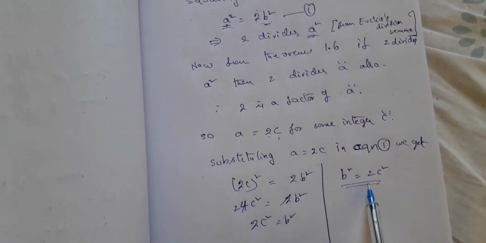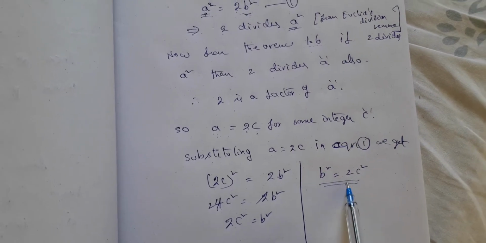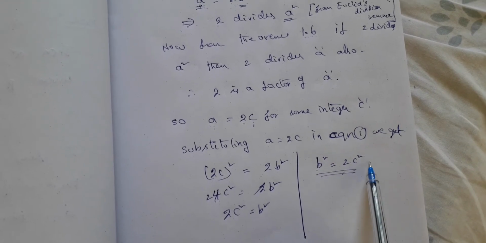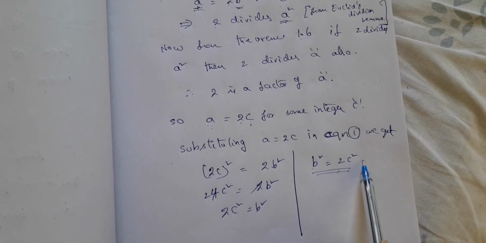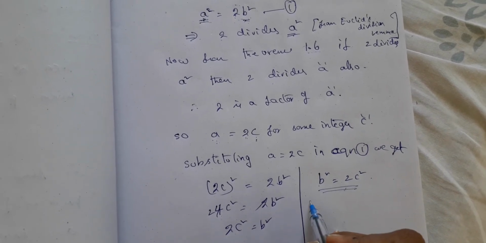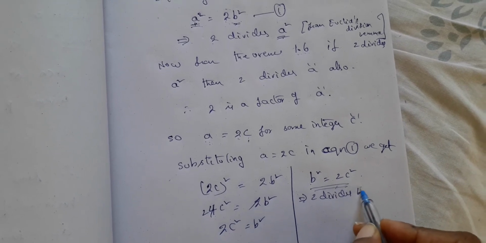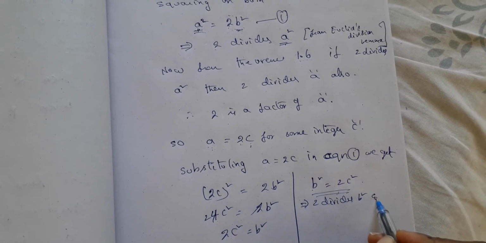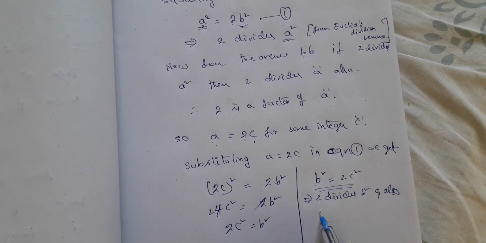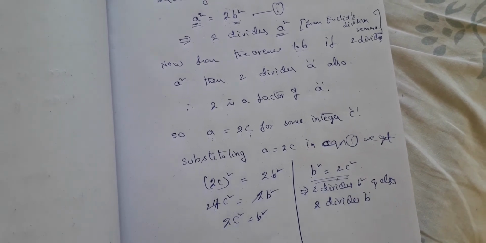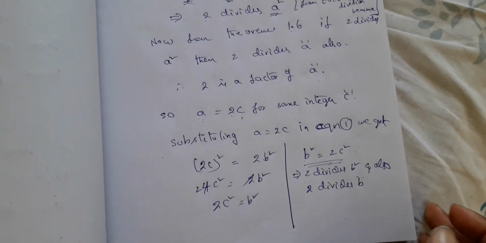So similarly, here 2 can also divide B square, leaving a remainder of 0. That implies that 2 divides B square and also 2 divides B, from theorem 1.6.